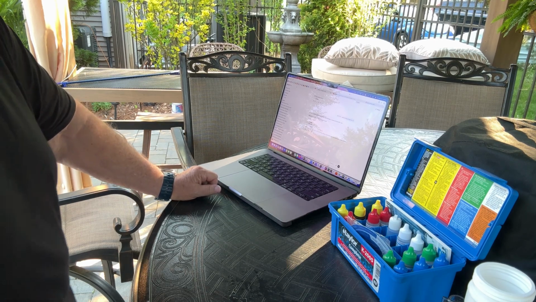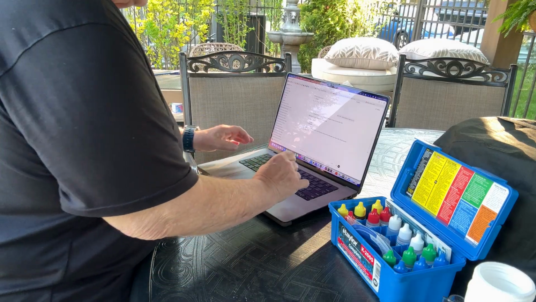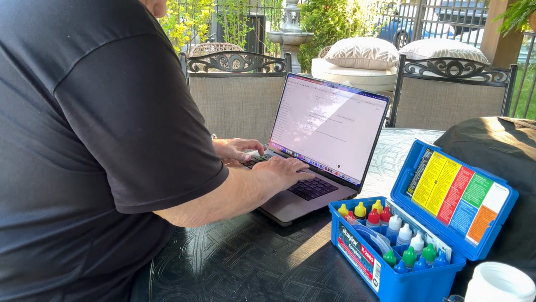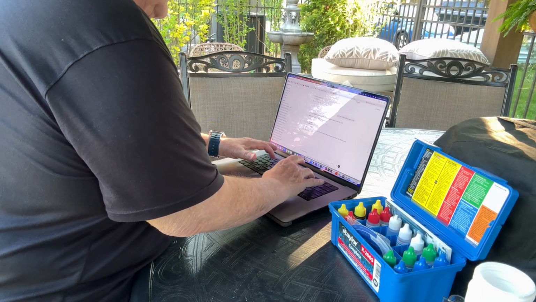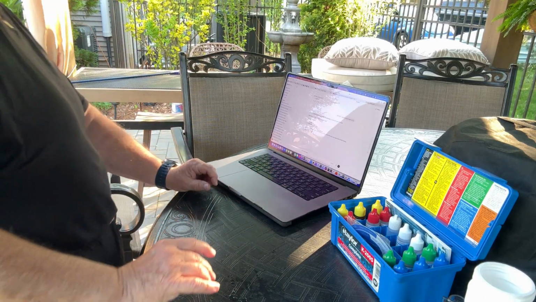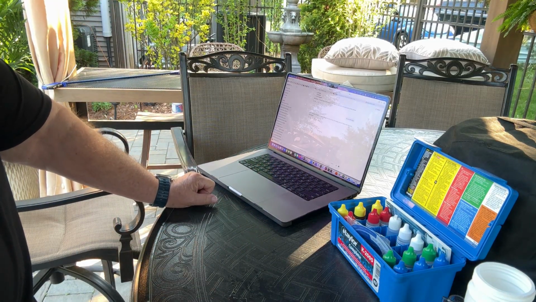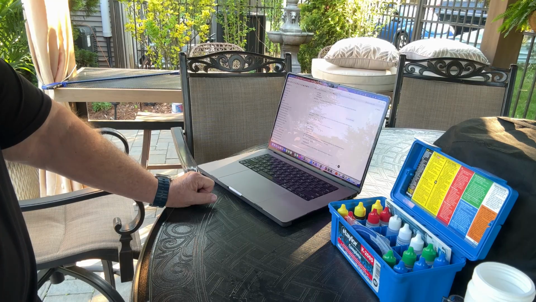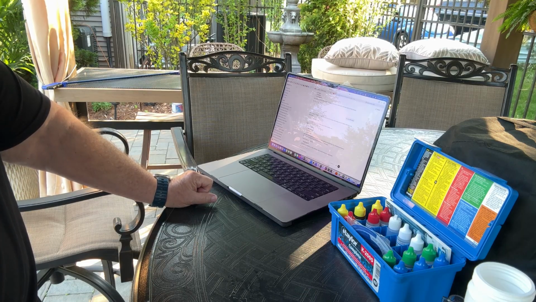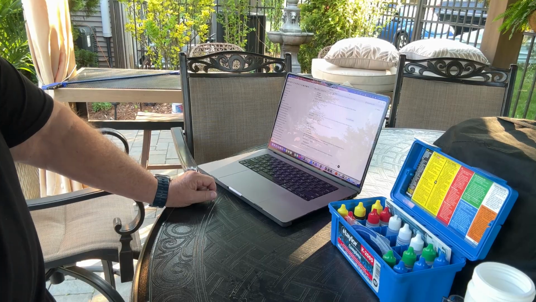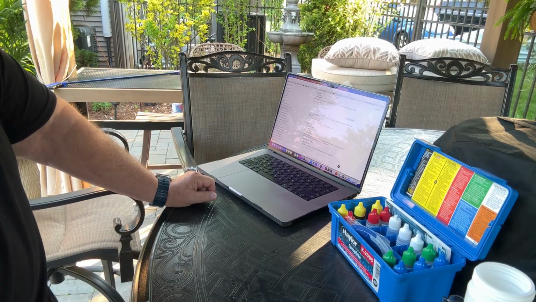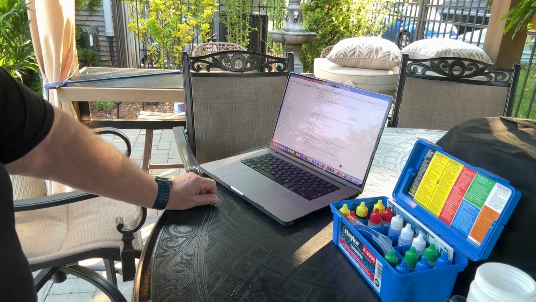I'm going to tell it today my alkalinity, my TA is 60. And this was also going to be 2.5 pints. About 36 to 40 ounces. Let's get set up.